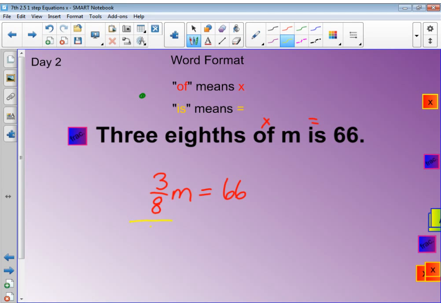So we'll divide by 3/8, and on the right side I'm going to write it behind here, divide by 3/8. So we're going to keep 66 over 1. We're going to change to multiplying, and we're going to flip to 8 over 3. Okay, I can see there that 3 will go into 66. So 3 will go into itself once and into 66 22 times. So now 22 times 8 is going to give me 176. So m equals 176.